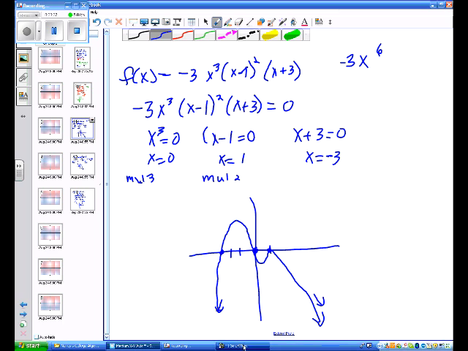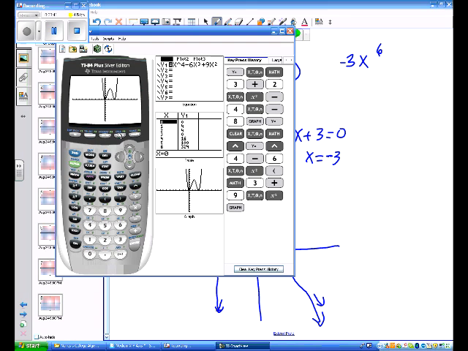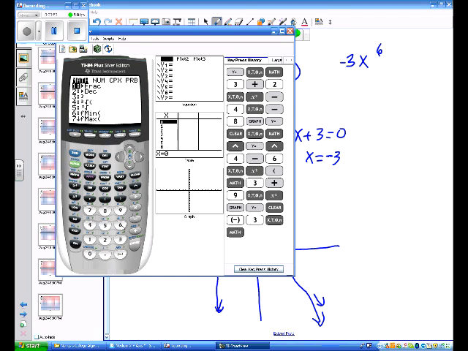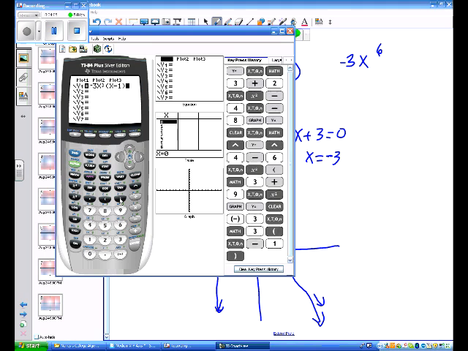If we wanted to put that into the graphing calculator just to see what happens, we've got y equals -3 x cubed x minus 1 squared and x plus 3.